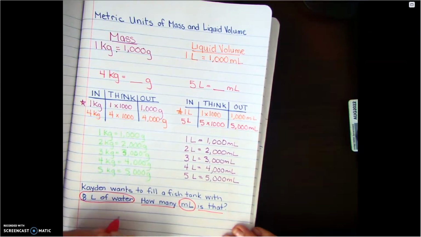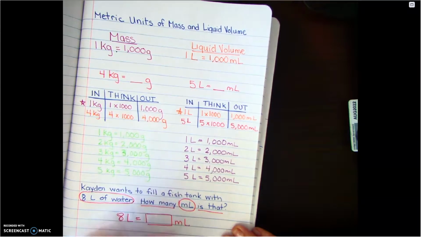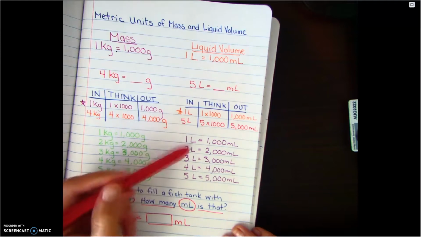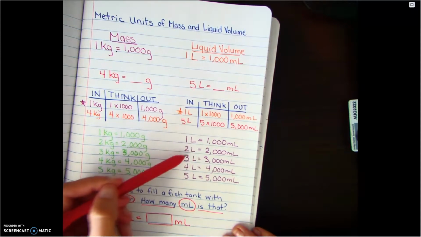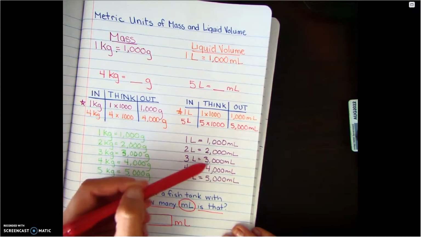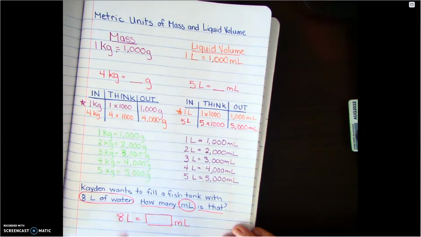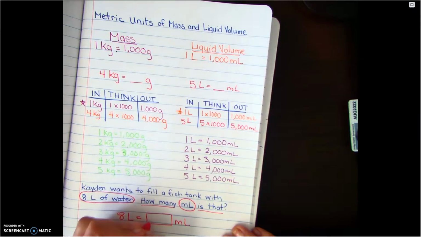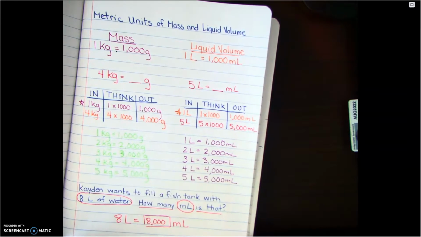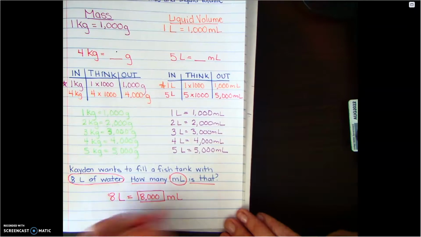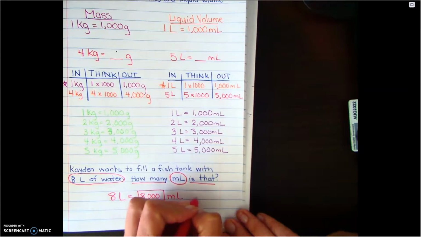So if I write my problem, I know I have 8 liters. I need to find out how many milliliters. And then if I think of my pattern, like 1 is 1,000, 2 is 2,000, 3 is 3,000, 4 is 4,000, 5 is 5,000, that means 8 is going to be, that's right, 8,000.